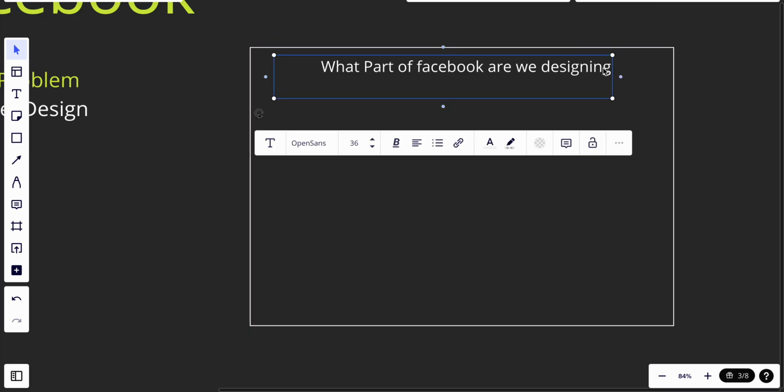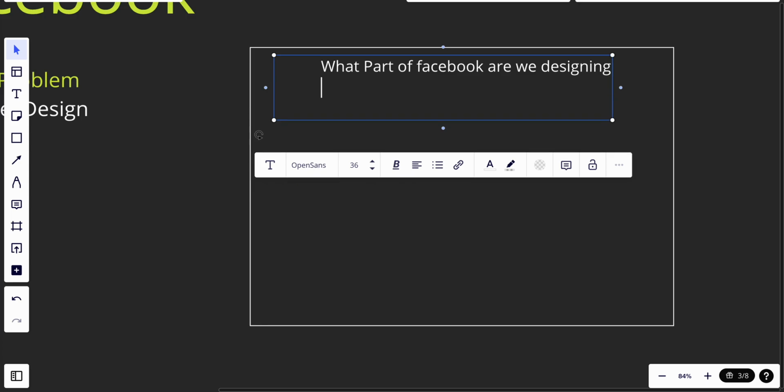The interviewer will say, we care about the news feed feature.